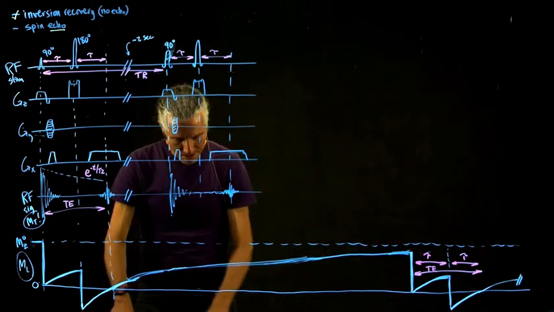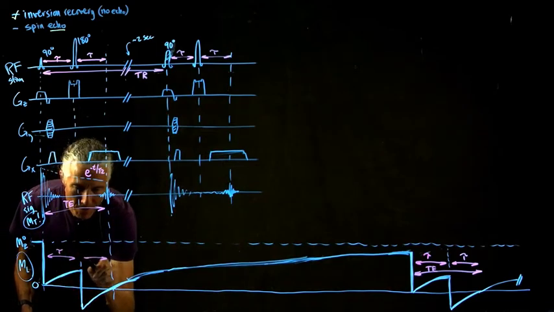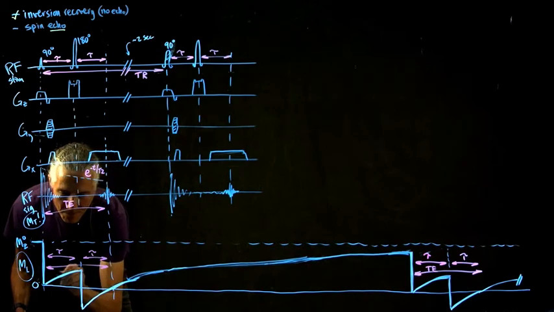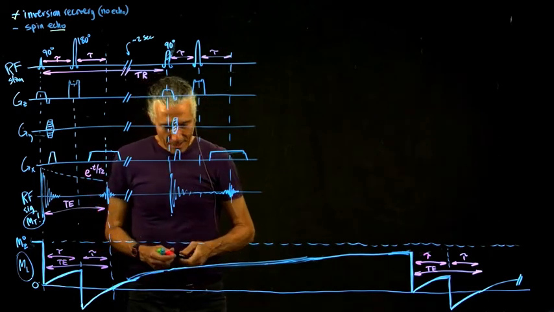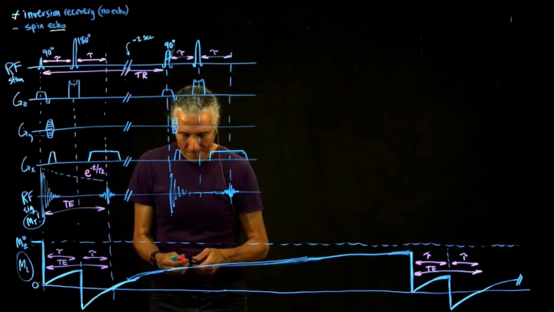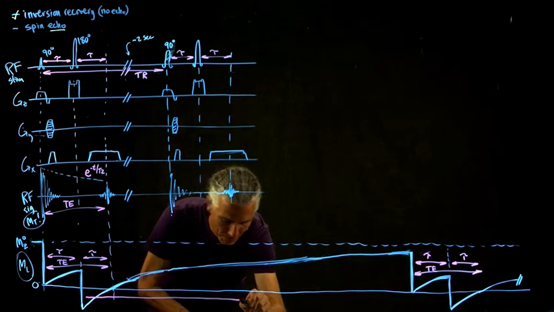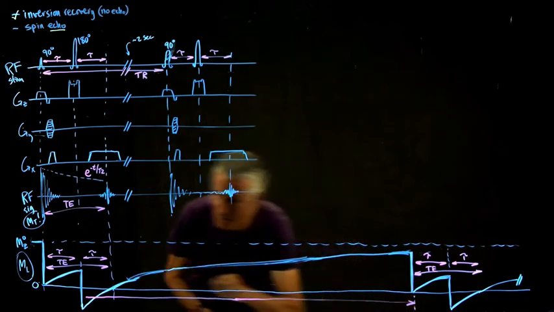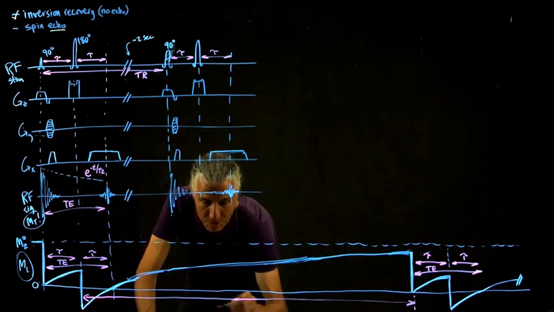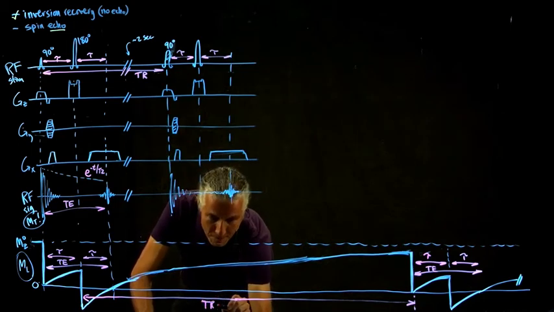So let's just draw that over here. This is tau, time of echo. And then we have an important amount of time, this time right here, which goes to the next time we do the pulse. What is that time? That time is going to be equal to TR minus tau, which is TE divided by 2.